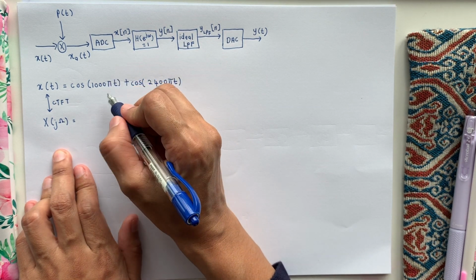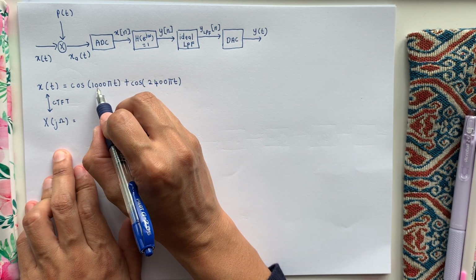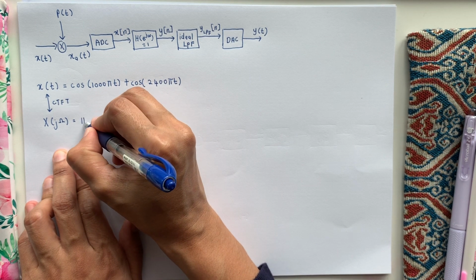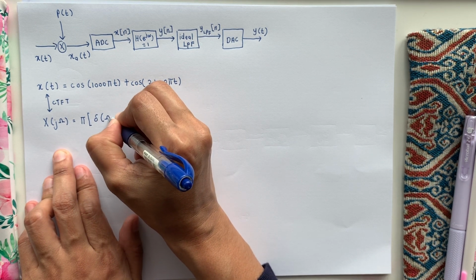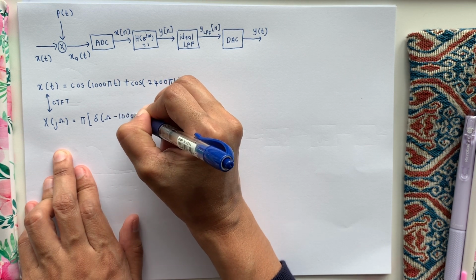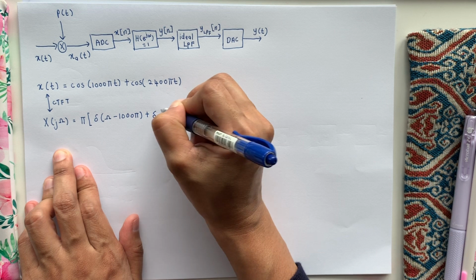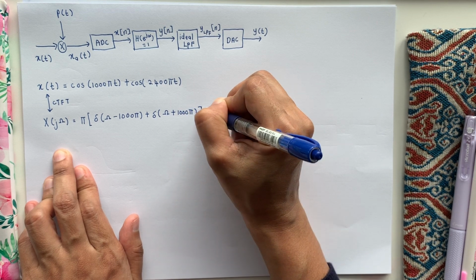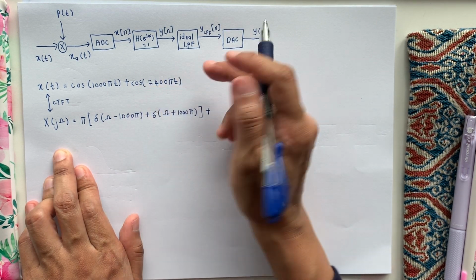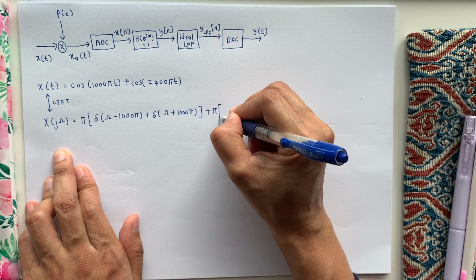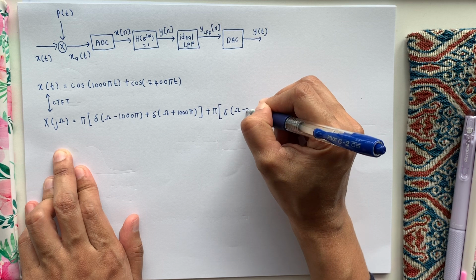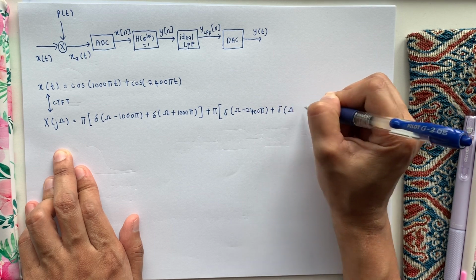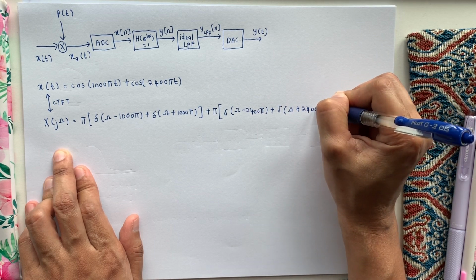From the formula sheet also, the CTFT of cos 1000 pi t is pi times delta(omega minus 1000 pi) plus delta(omega plus 1000 pi), and plus cos 2400 pi t gives plus pi times delta(omega minus 2400 pi) plus delta(omega plus 2400 pi).